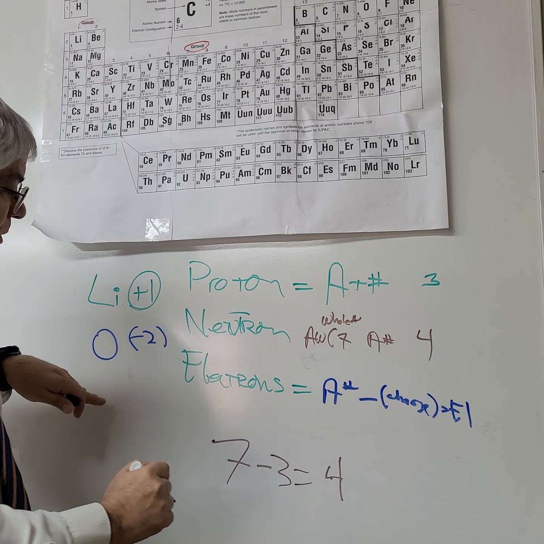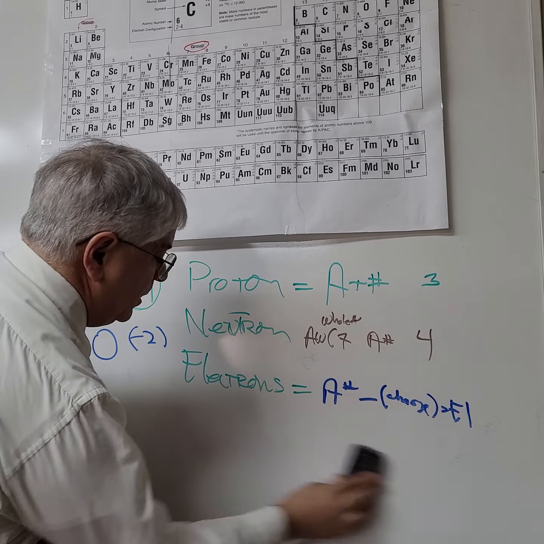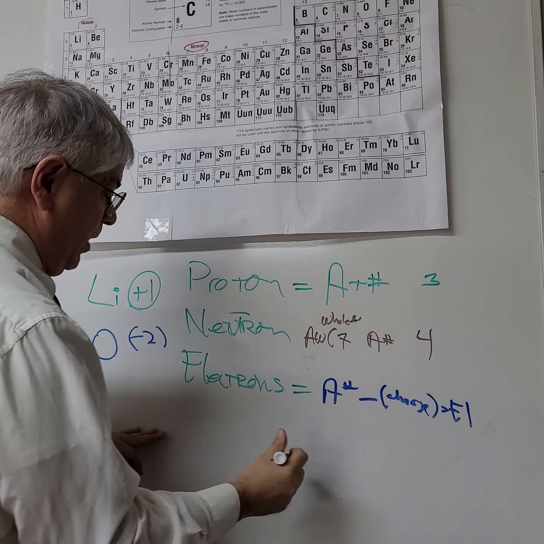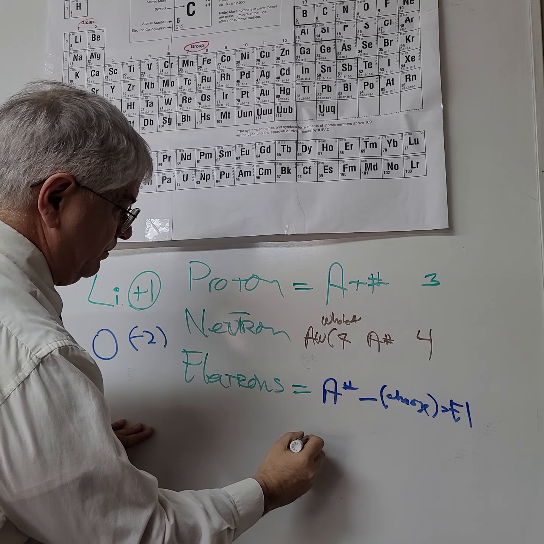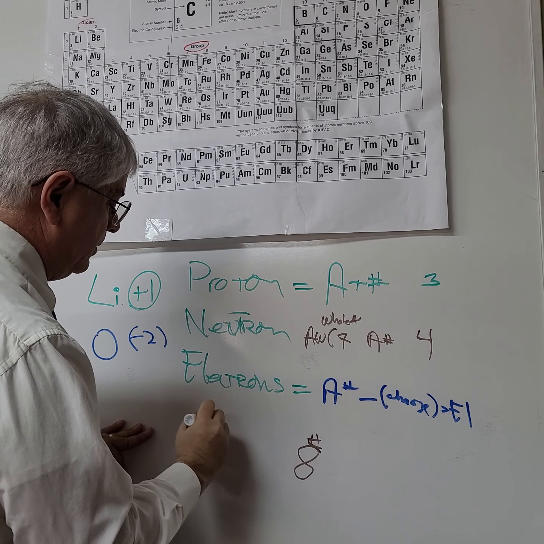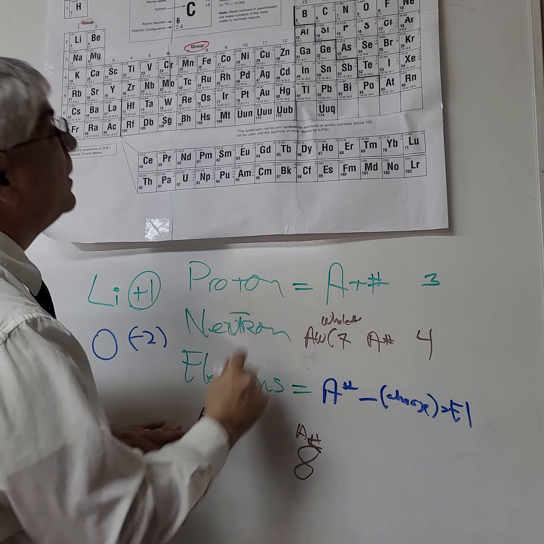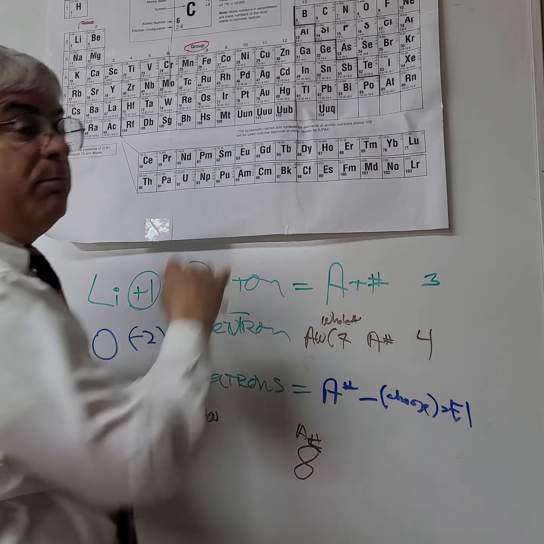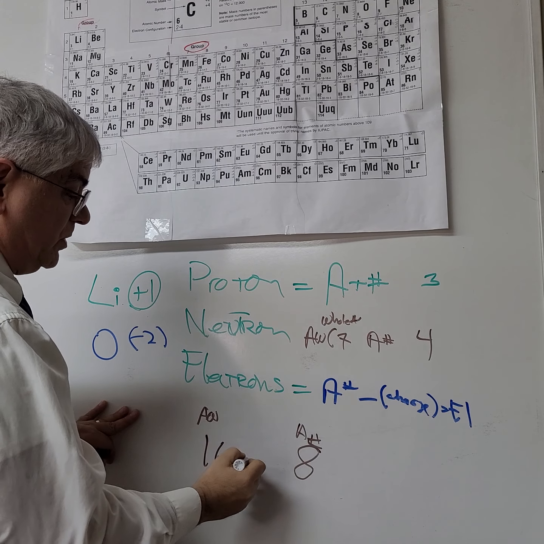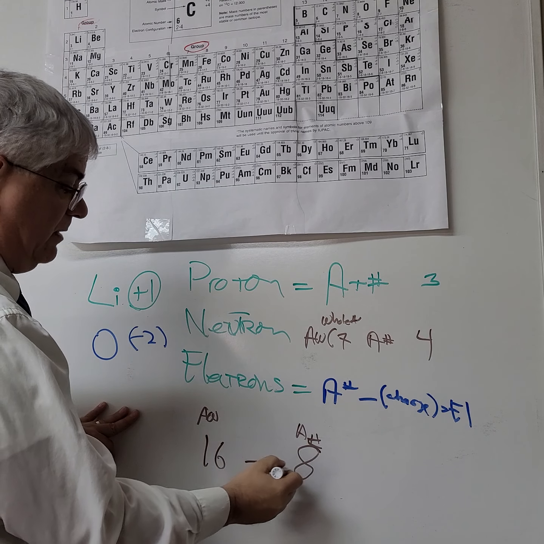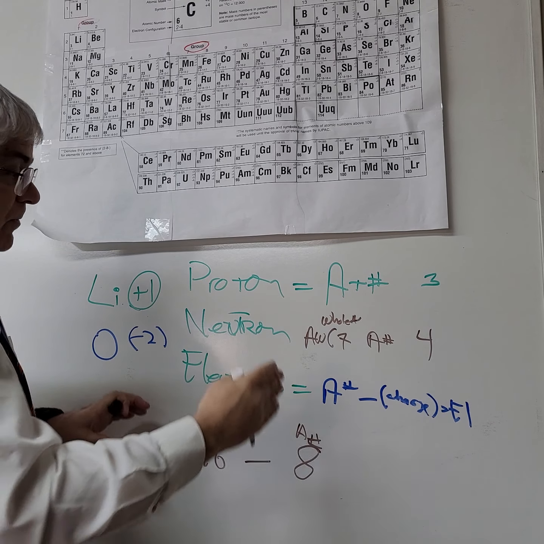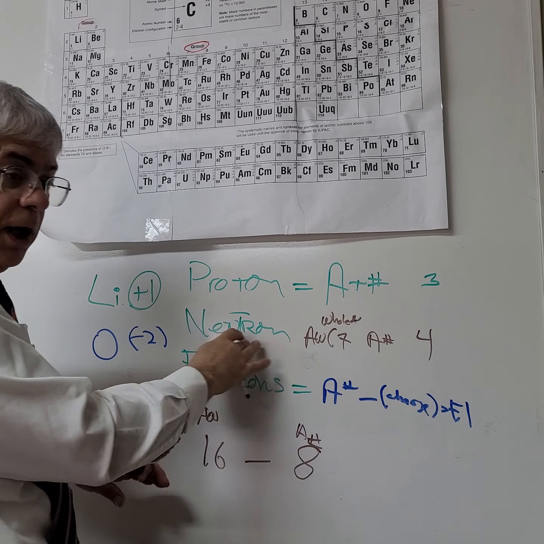Okay, let's do the same thing with oxygen. Oxygen, we have an atomic number of 8. Our atomic weight is 15.99, so we're going to round up to 16, and we subtract that because in our nucleus, most of the weight of an atom is our protons and neutrons.